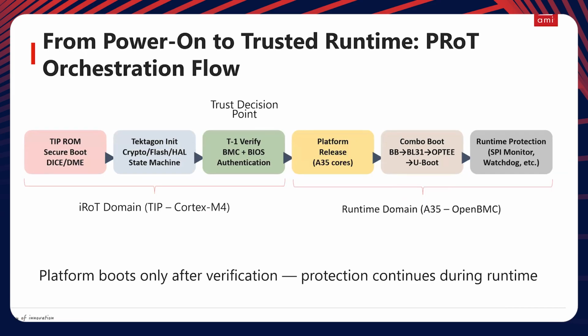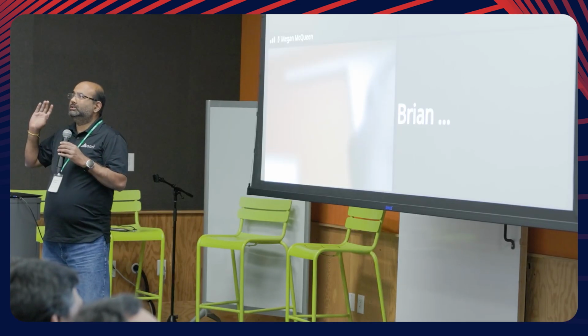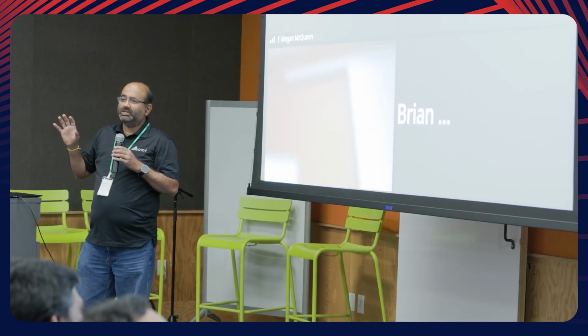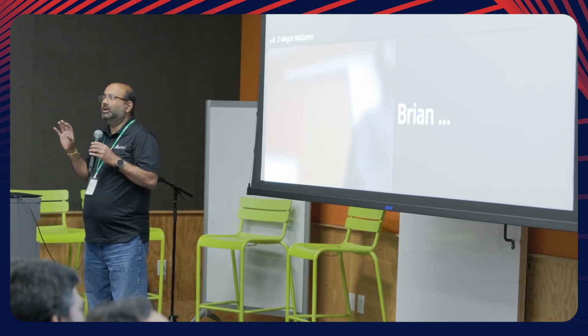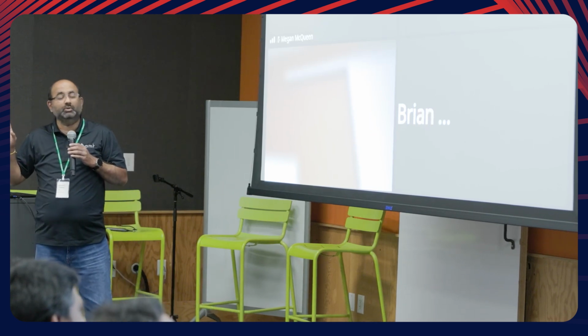This is a representation of the same thing that Hila said, but showing where each of the phases is going to be executed from. So the TIP ROM, the secure boot, DICE initialization or setting up of the certificates, then Tectagon, and the T-1 verification. All this is happening in the TIP, which is a Cortex M4 CPU.